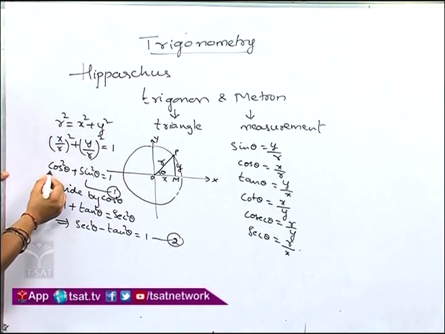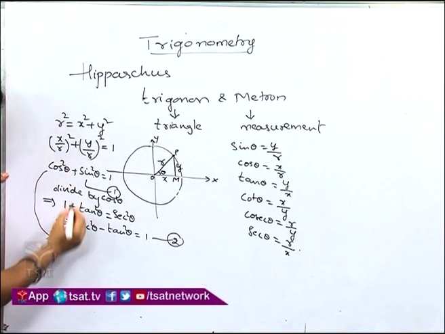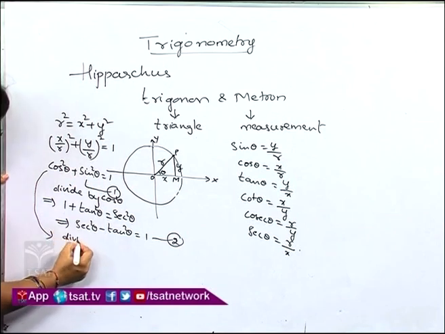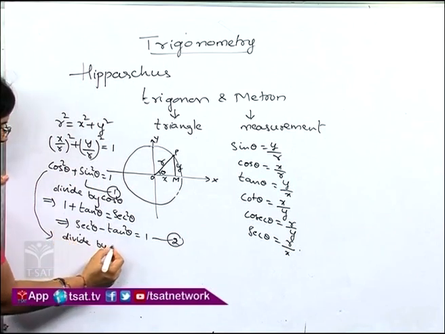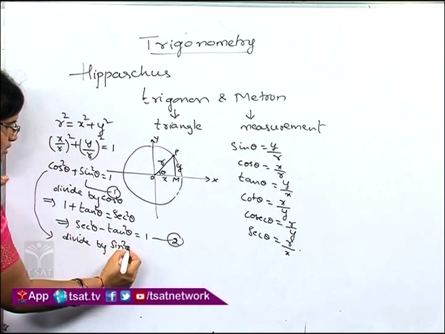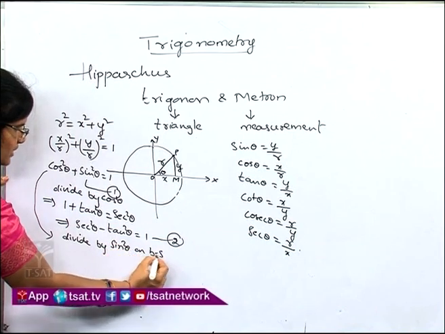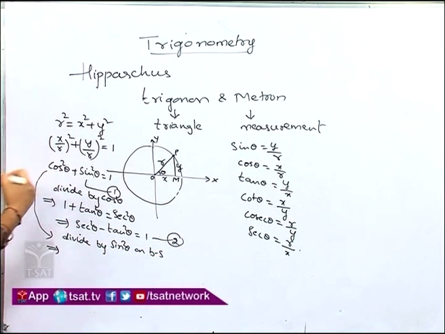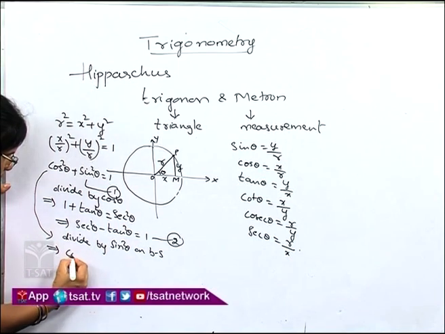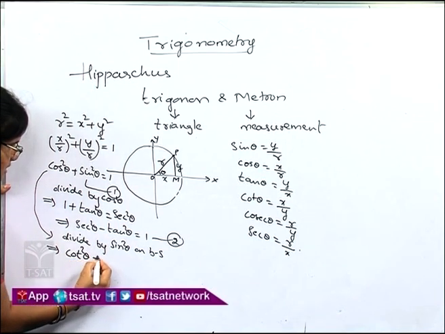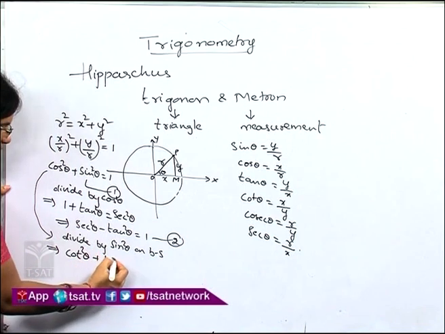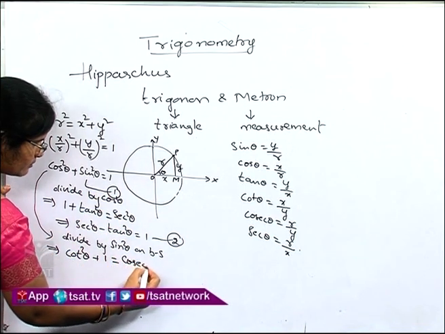And if you divide this equation again by sin square theta on both sides, we get cos square by sin square is cot square, children, and sin square by sin square is 1, 1 by sin square is cosecant square.